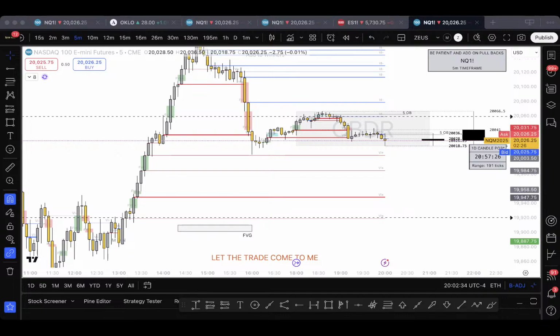A little monthly volume imbalance. And we got some more monthly sell side.